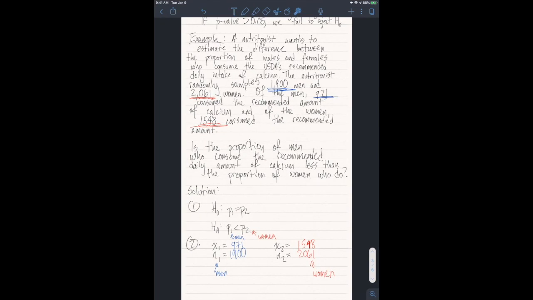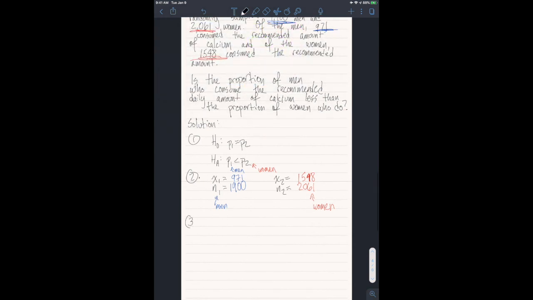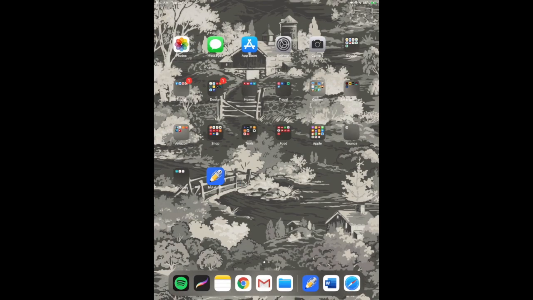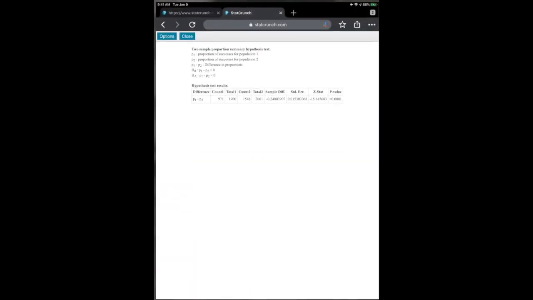So going back, that was step 3. I have to report the p-value. It said 0.000. Was it 3 zeros and then a 1? I can't remember. Oops, I went back to the notes.